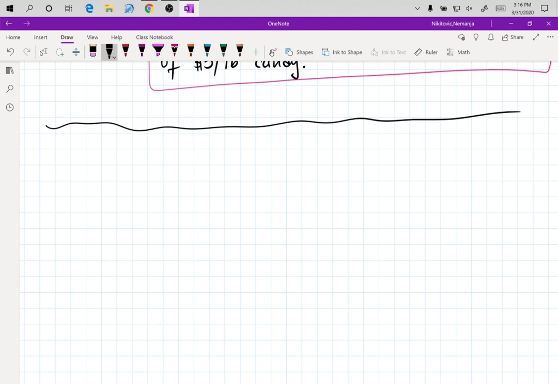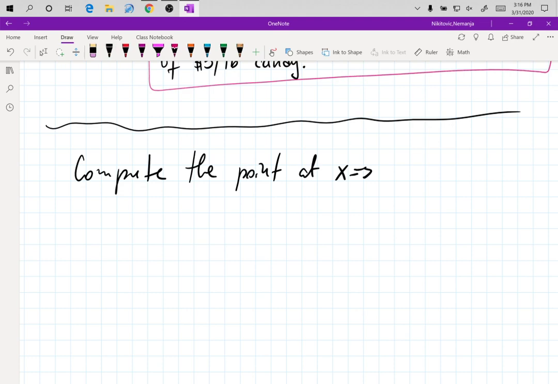All right, so what are some of the concepts and ideas we need to know? One is the ability to compute the point. So compute the point at x equals 3 in y equals 2x plus 6. So they just plug in, right?